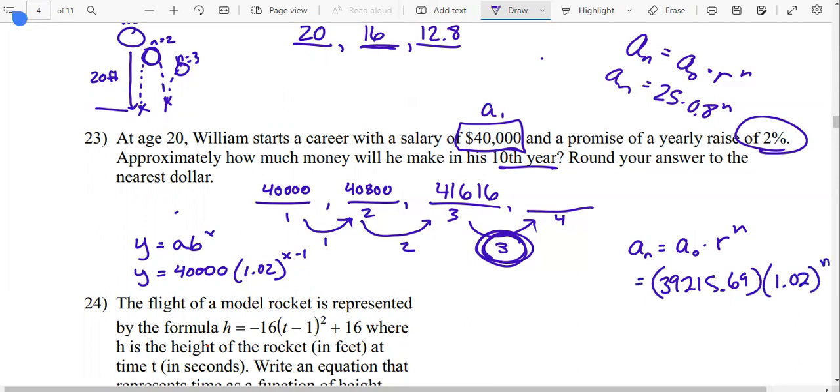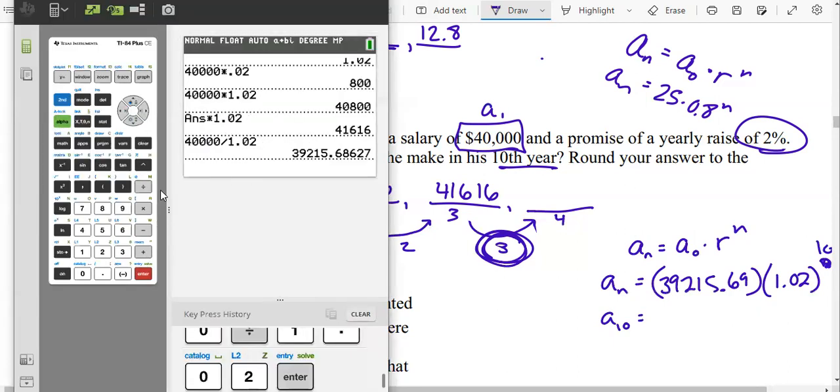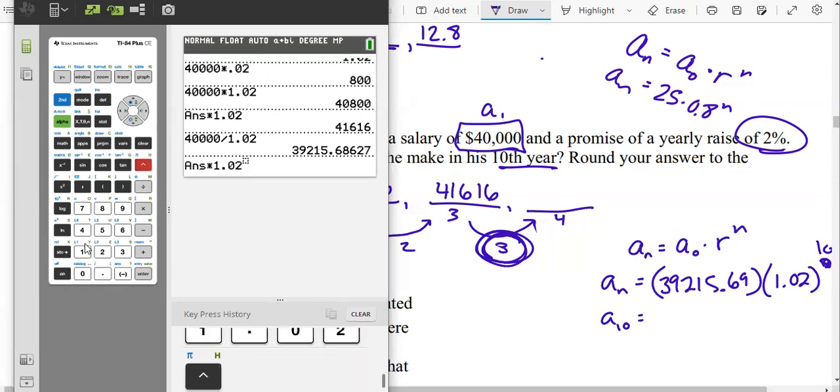So if we want the 10th year, we can just put a 10 in right here. Same thing over here, I could put a 10 in right there. Let's see what happens. Times 1.02 to the 10th.